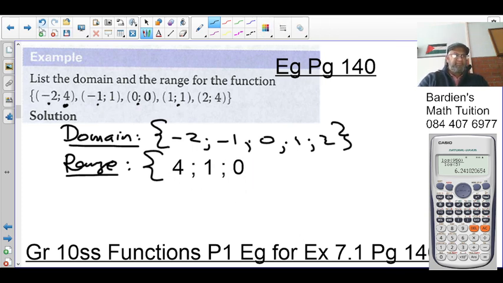So the range of the function is simply 0, 1, and 4, or 4, 1, and 0, or 1, 0, and 4. The order doesn't matter here. Just note that your ordered pair is also known as coordinates. That you should not forget. Any confusion at this point? No.